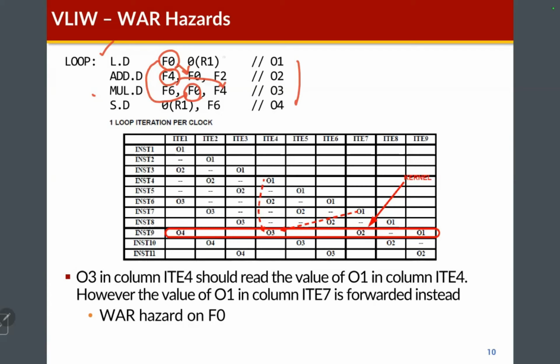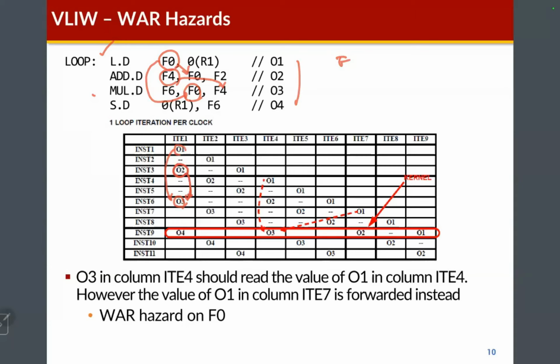Which means that F0 is produced by O1, and then this F0 should be kept until O3. How about F4? F4 is here, and then F4 is preserved until O3.